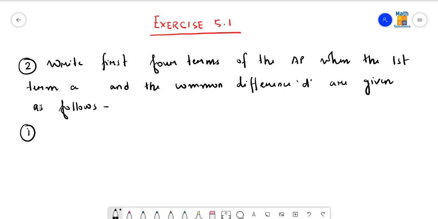Here the first term A is given to be 10, then the common difference D is given to be 10. So in the solution part, what do I write?